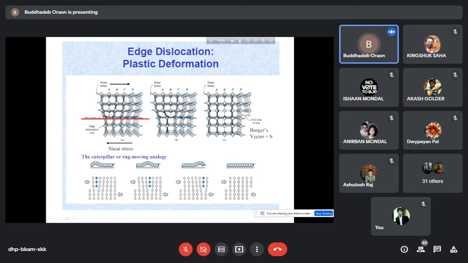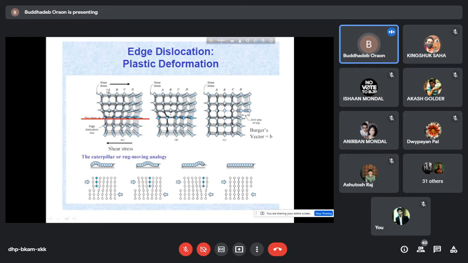So if you look at this diagram, suppose you have applied shear stress on the top of a solid, and suppose there is an extra half plane. The slip plane will occur just below this extra half plane. This red line indicates your slip plane. So the atoms will move along this plane, or the deformation will take place along this plane.